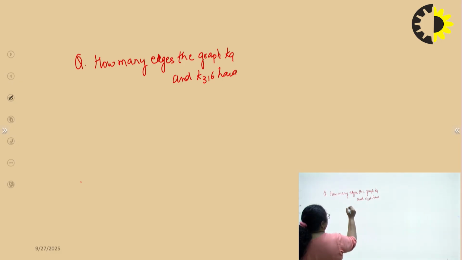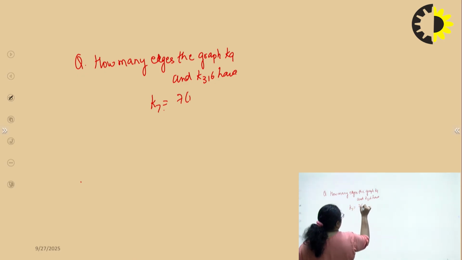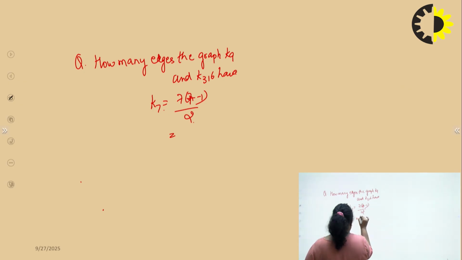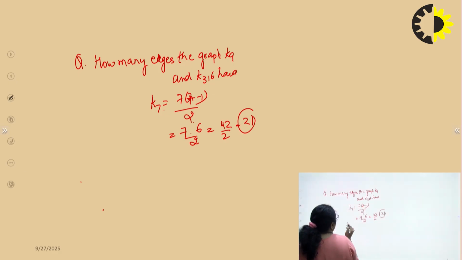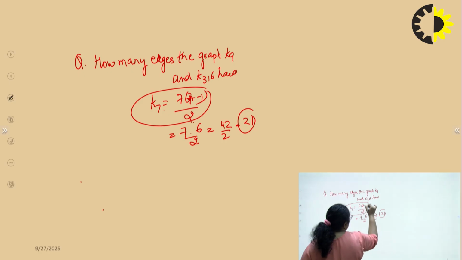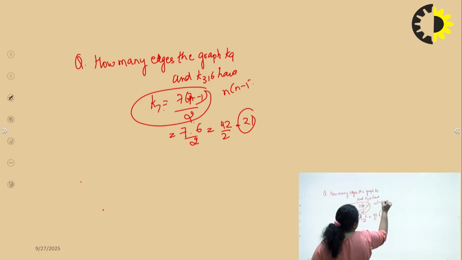So we will apply the formula n into n minus 1, remember we have studied it just now in this lecture. So for K7, we will apply this formula, n into n minus 1 by 2, and we have 21 edges.